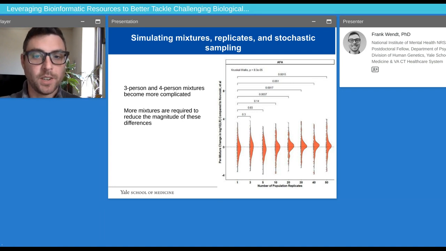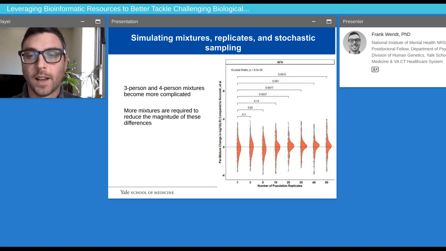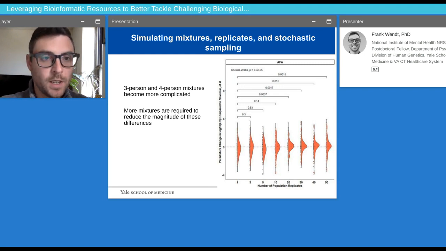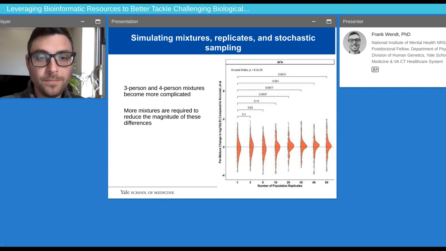All of our means do tend to reduce closer to 0, but we still have a substantial number of individuals on the extreme ends of our distribution, such that the variance does not change among these observations. So in some instances, maybe these 3- and 4-person mixtures, we have not actually identified an appropriate number of replicates yet with which to get a meaningful, useful, and high confidence estimate of what's actually going on.